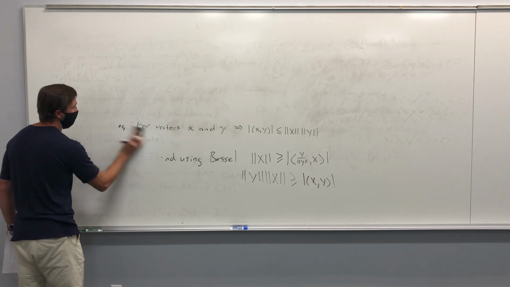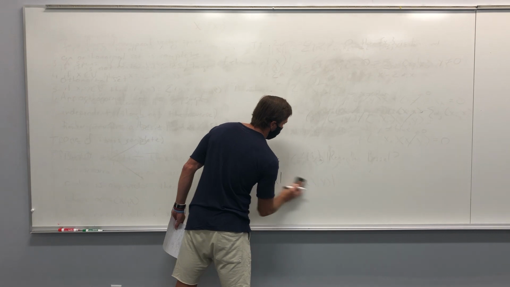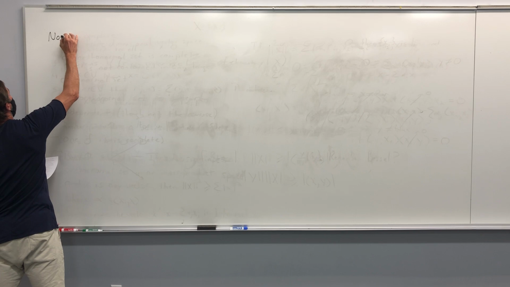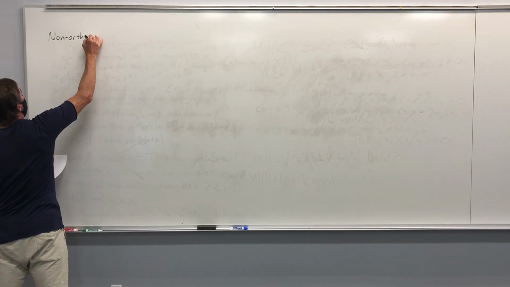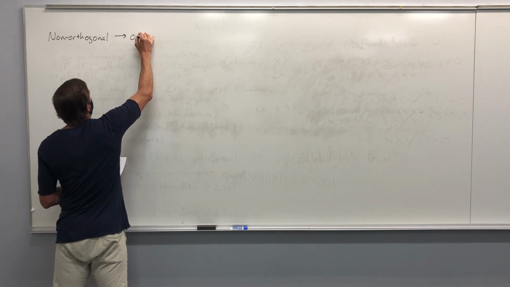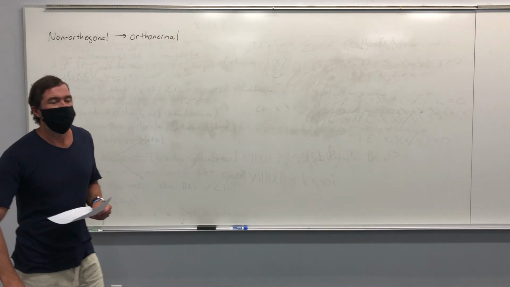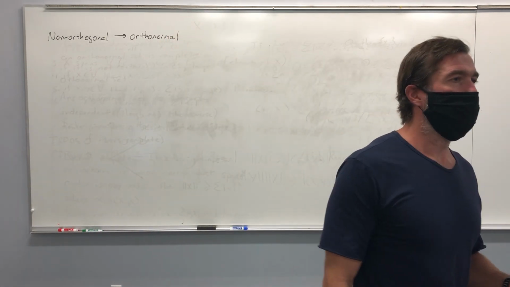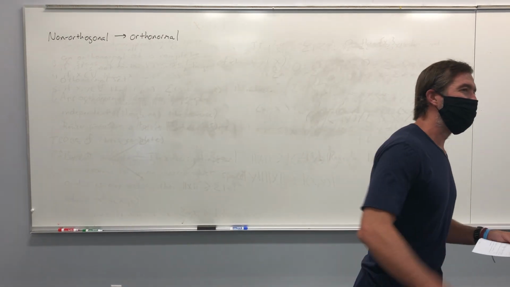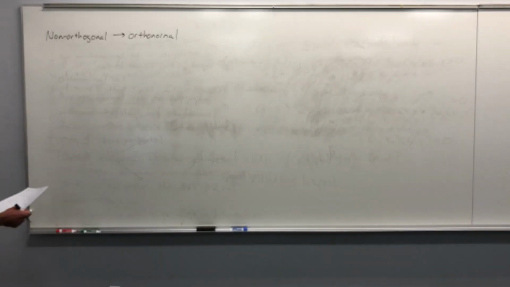We are now going to learn how to take a non-orthogonal basis and turn it into an orthonormal basis. Through what procedure? Gram-Schmidt, exactly. So in other words, it's time to go home now? Yeah, you can go home if you know Gram-Schmidt. Okay, so here we go. Let me get us through the Gram-Schmidt procedure.